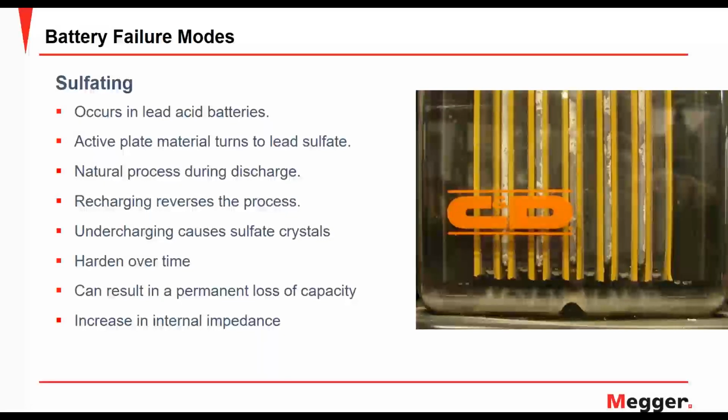If you put your charger in a boosting mode, it's designed to eliminate these sulfate crystals from your lead acid batteries and really reverse the undercharging cause of these sulfate crystals. But if you let them harden over a very long time, even that boosting operation will not be helpful to eliminate this sulfate crystallization on your plates.